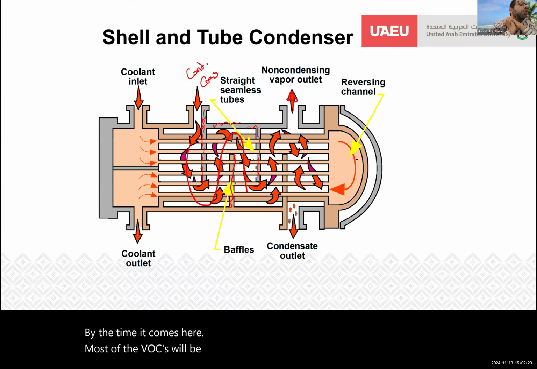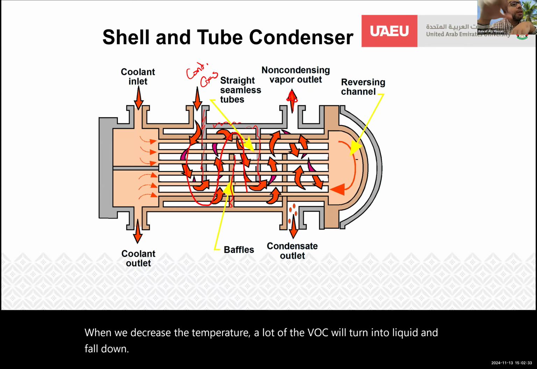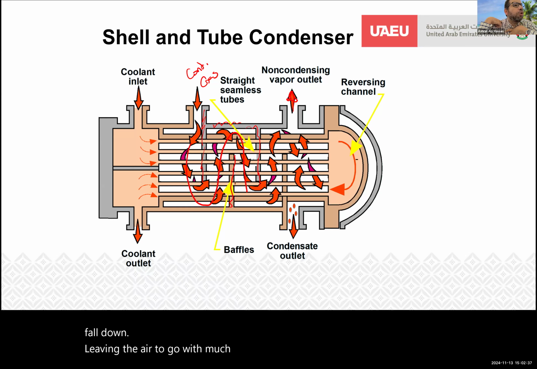Why? Because they condense. When we decrease the temperature, a lot of the VOC will turn into liquid and fall down, leaving the air to go with much lower VOC content. So this is another way of controlling your VOC with the shell and tube condenser.